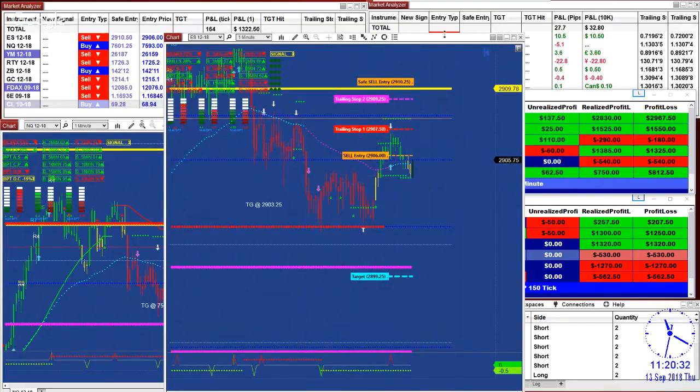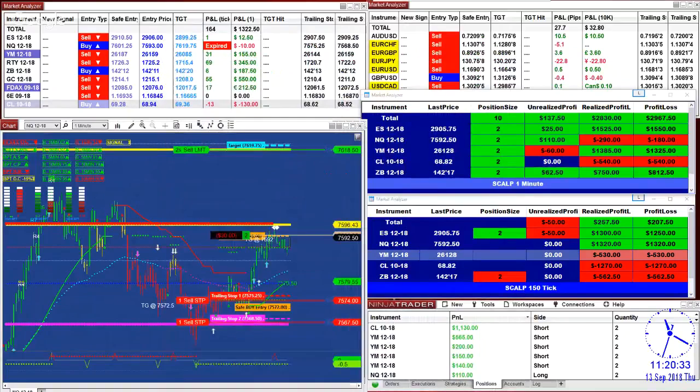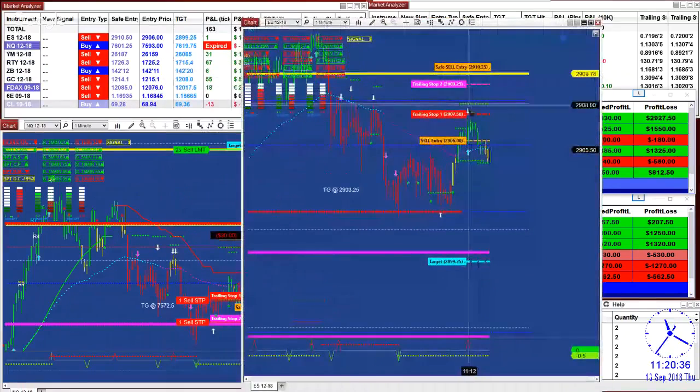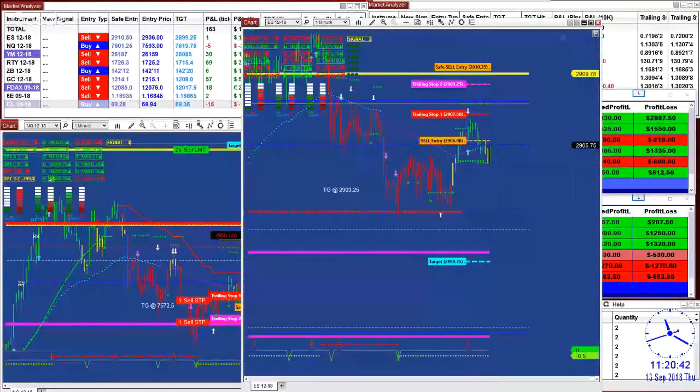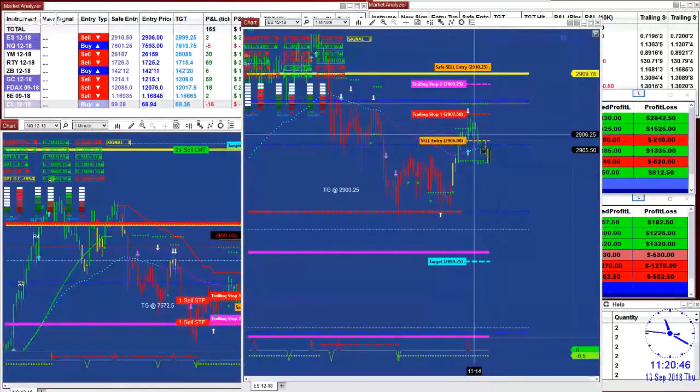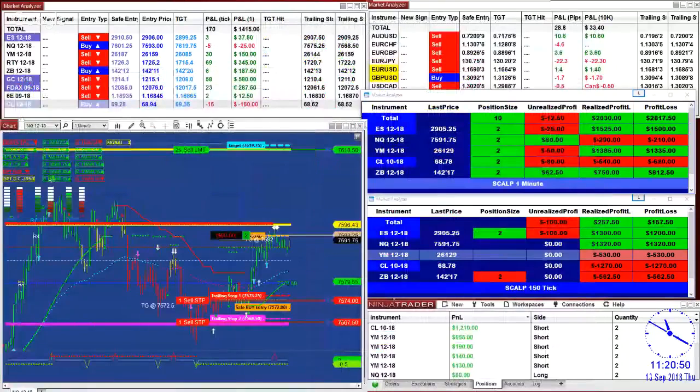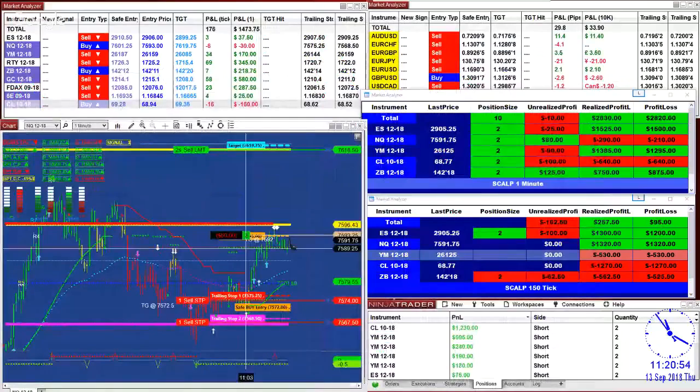What is really causing this Nasdaq not to go any further is a little drop down to the projection on the ES, just when we were about to have a new signal on the YM. This ES has dropped a little bit, so it's causing a little delay for this Nasdaq to move.